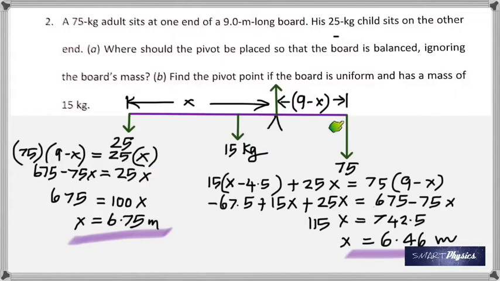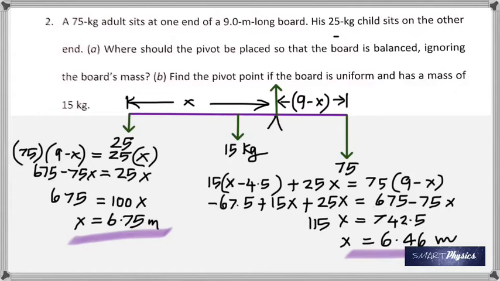And there's only one clockwise. Therefore 15 multiplied by this distance, and this distance is x minus 4.5, right? Because the total distance is x, and this is 4.5, therefore the remaining distance must be x minus 4.5. So 15 times x minus 4.5 plus 25 times x should be equal to 75 times 9 minus x. And when you do the math, you get x is equal to 6.46 meter.